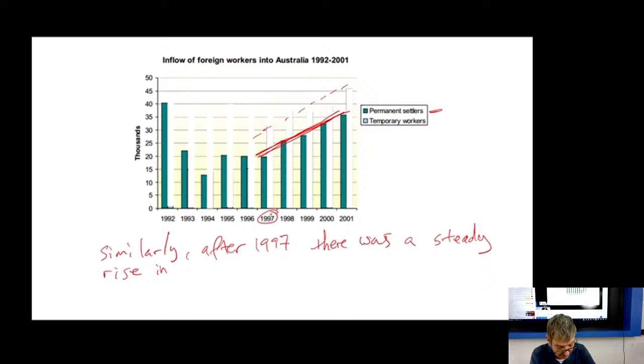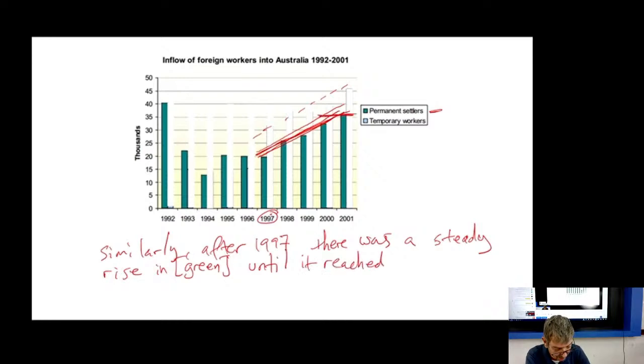And then so we're moving along here, it's steadily increasing, until it reached what?